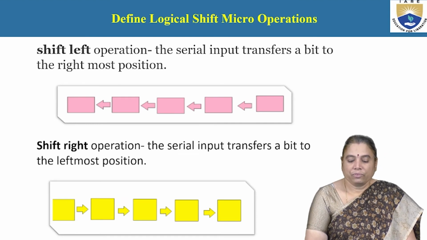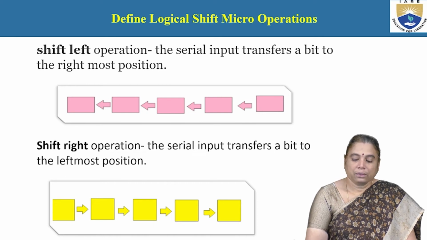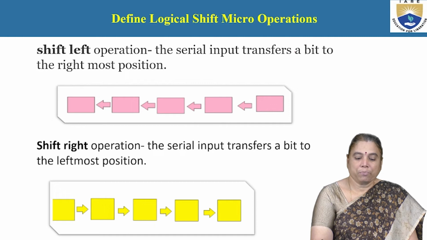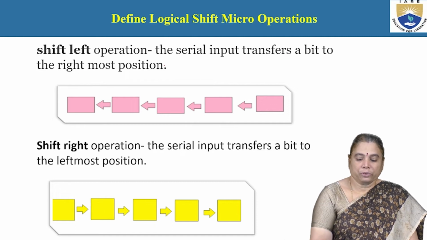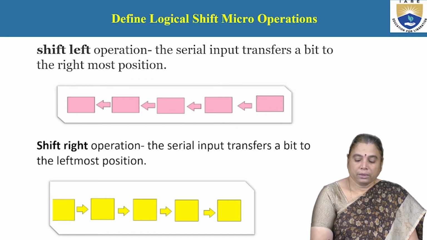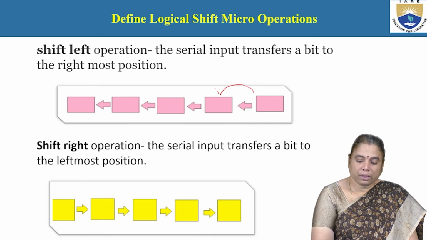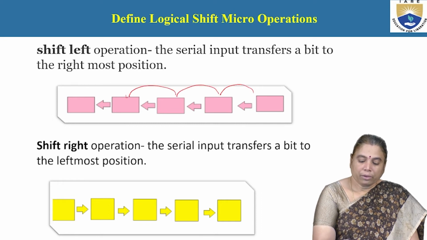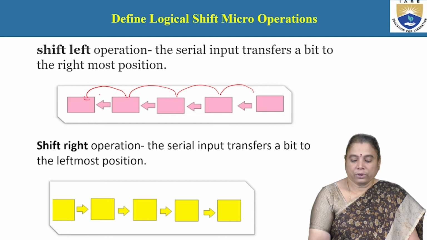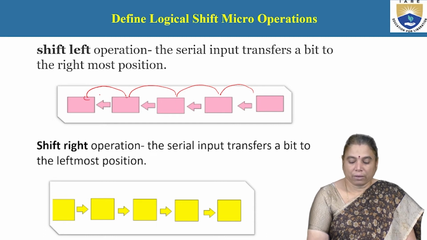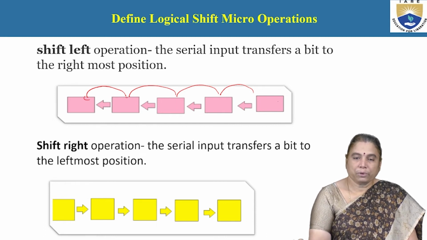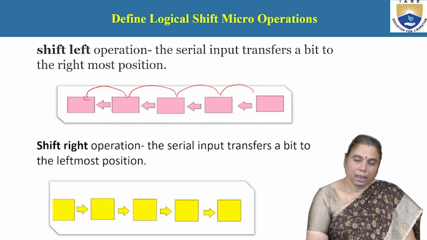So what is the logical shift left operation? In the shift left operation, the serial input transfers a bit to the rightmost position. So here each bit can be traversed in the rightmost direction and an empty position can be created at the LSB.